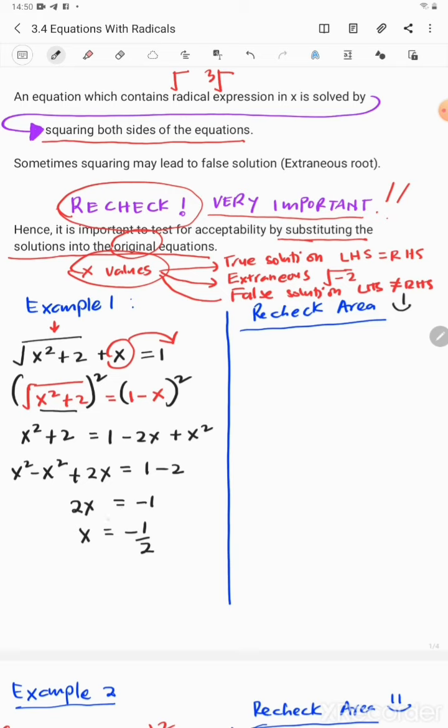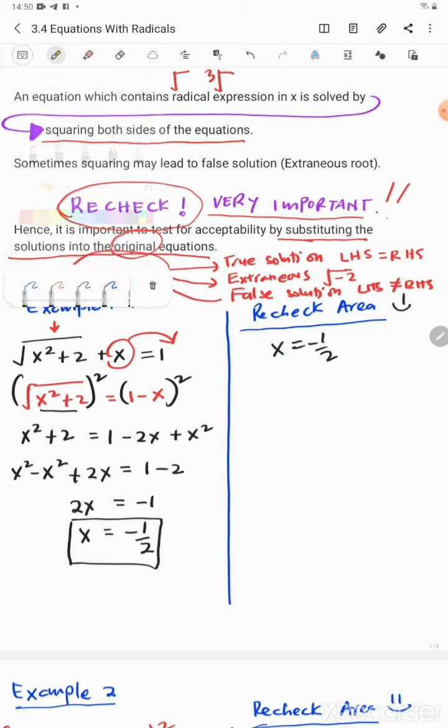This is our solution, but we have to recheck. Substitute the value x equals negative 1 over 2 into the original equation. This is the original equation.